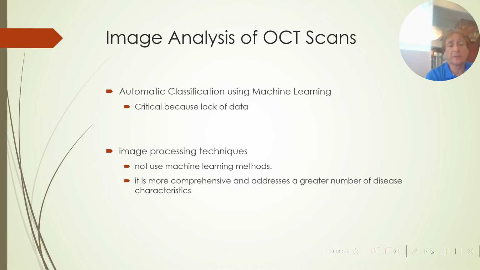And for this purpose, we choose another approach, not machine learning, but applying image processing techniques. It's also possible by this method to address a greater number of these disease characteristics.